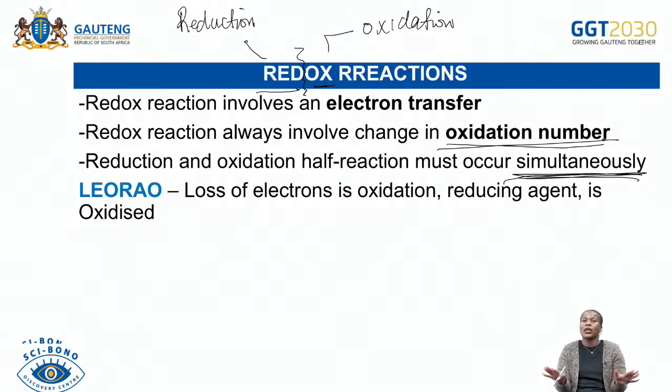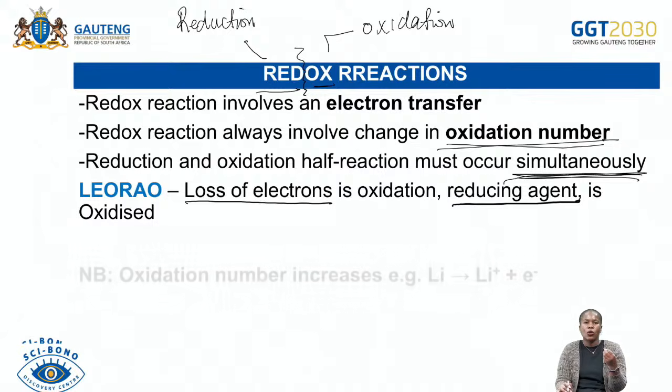What happens when an oxidation reaction takes place? This is an acronym, an abbreviation of how we can just remember the loss of electrons, that is oxidation. Every time you hear the term oxidation, always remember that this is the loss of electrons. And that specific substance that is undergoing oxidation is a reducing agent.